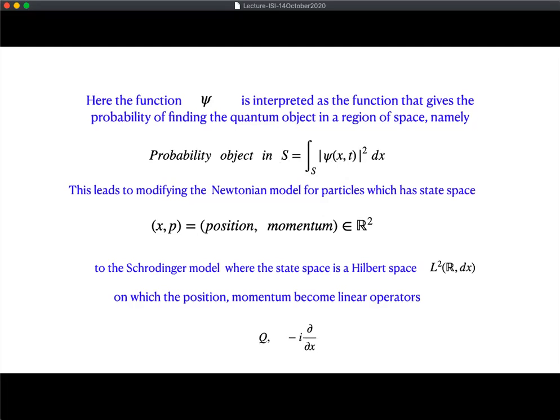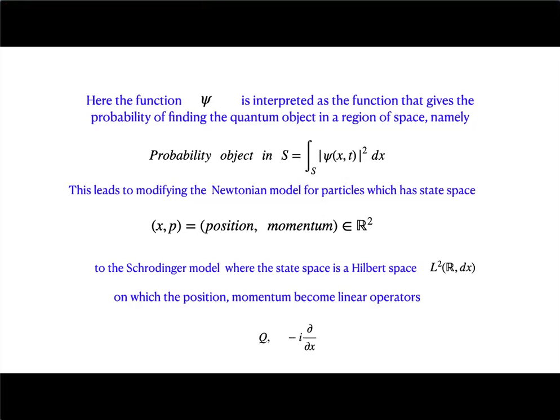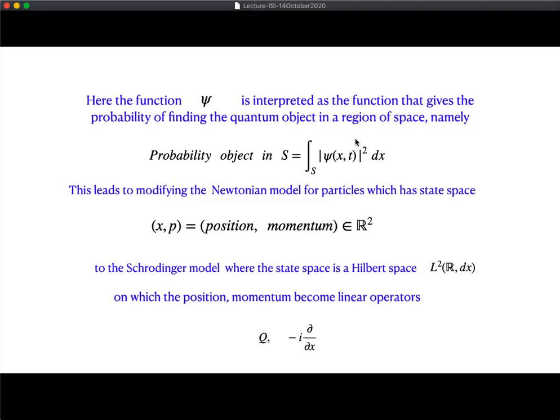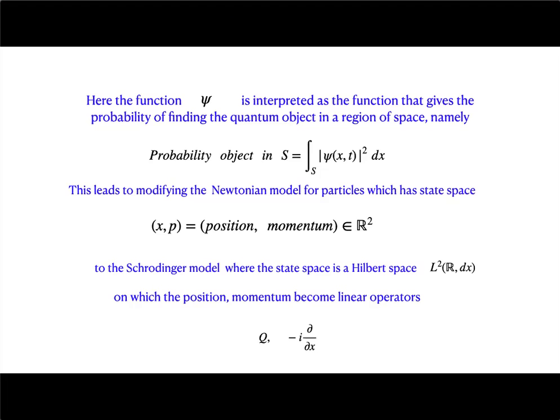So somehow the wave nature is reinterpreted as statistical behavior of the particle. You cannot find the particle precisely, but if you look at a region of space, you can find it with some probability. That amplitude is psi, and the mod square over the region S is the probability of finding it there. That is the interpretation given for the wave and particle nature of the particle.